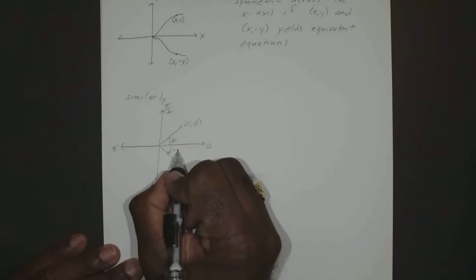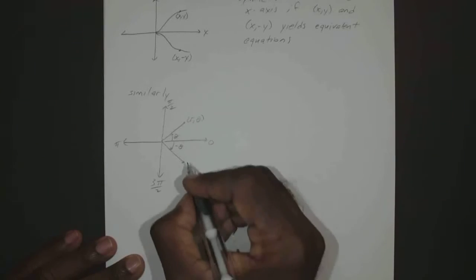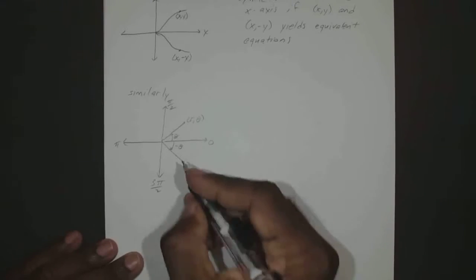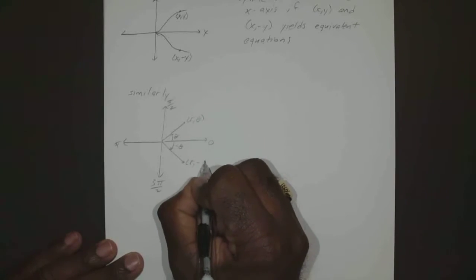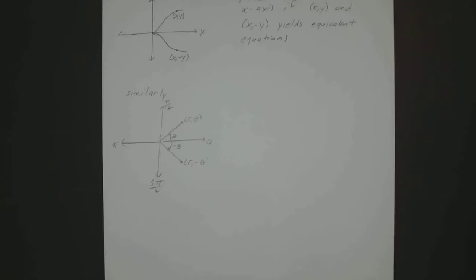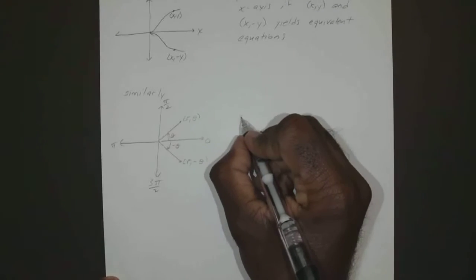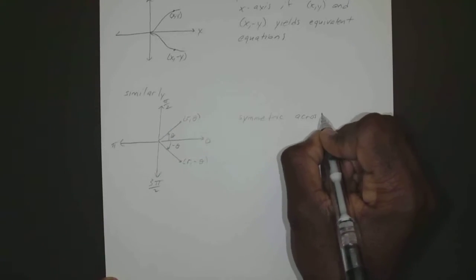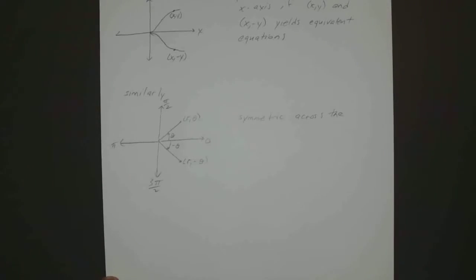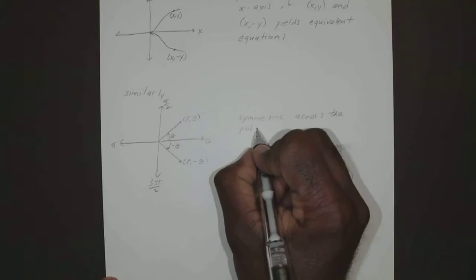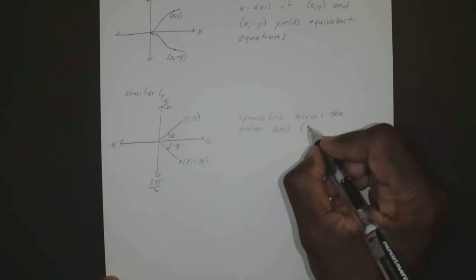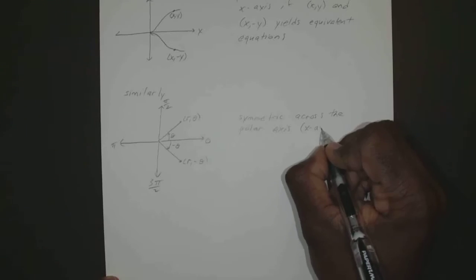Remember, going clockwise is your negative theta. So it's the same radius, you're just swinging the axis in a different direction. So this is your r, negative theta. Okay, so this is now symmetric across the, I guess you can call it polar axis, which once you get to polar coordinates, that's just your x-axis.